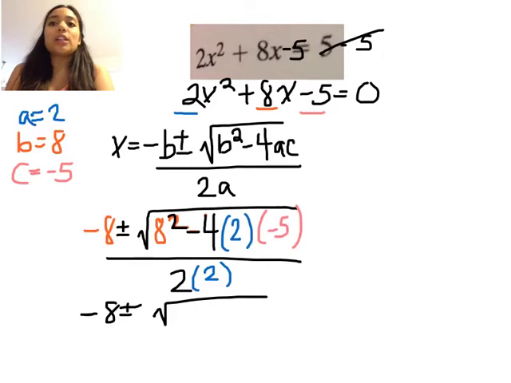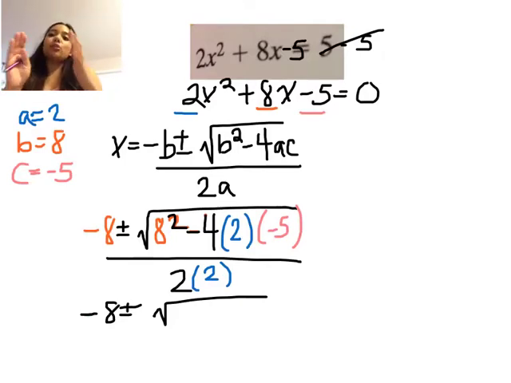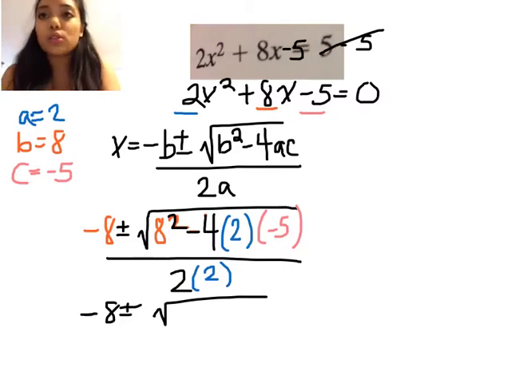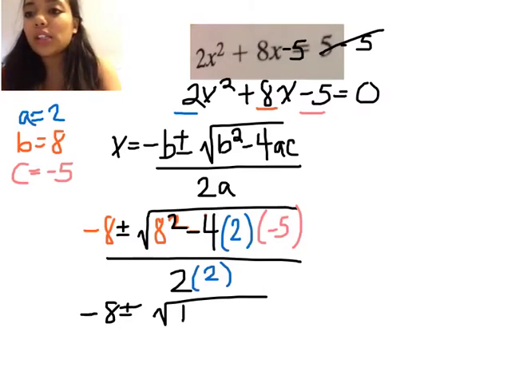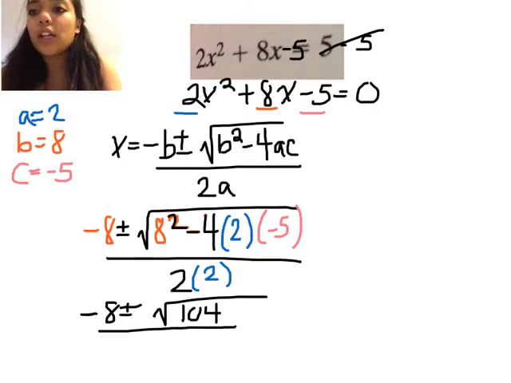You can go ahead and type everything in that calculator, do 8 squared minus 4 times 2 times negative 5, and it will do the order of operations for you. But the answer is the square root of 104, because it's 64 plus 40, all over 4.